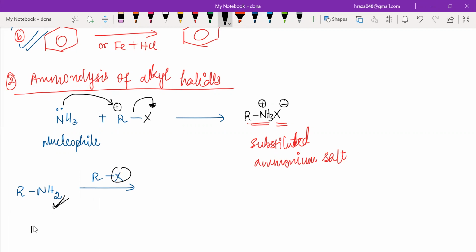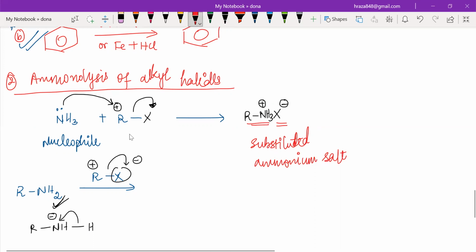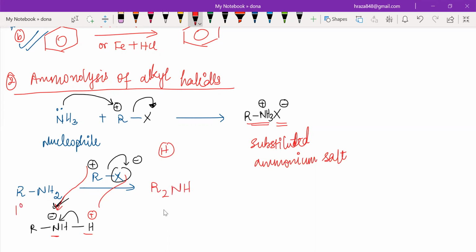This will take its electron, it will have negative charge, and this will be in positive. So this positive will attack on this negative. Since hydrogen's electron is gained by nitrogen, it will have positive and they both combine to form HX. Now what will we get? We will get R2NH. This is your primary 1 degree and this is your secondary. Are you getting my point?